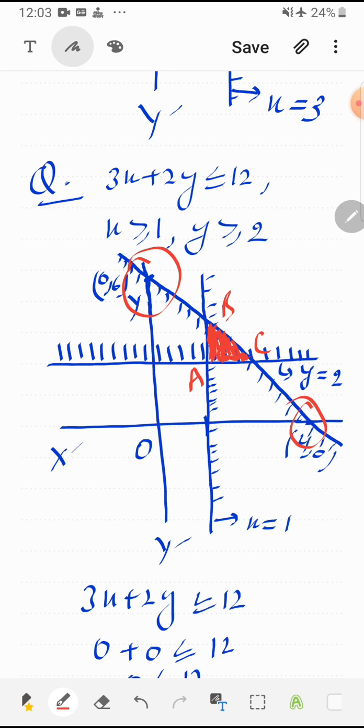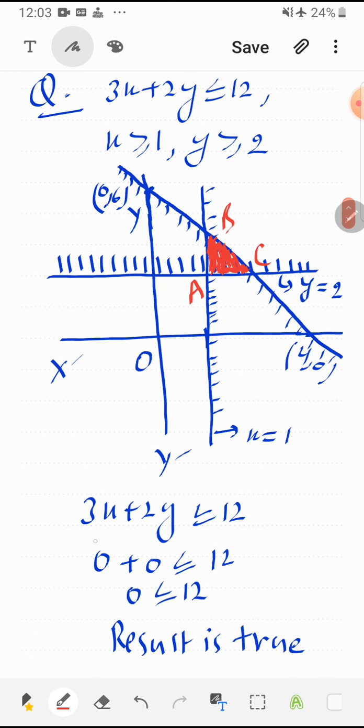These are the most reliable points. So the line is drawn. And about the shading, I am putting x and y as 0, 0, that is the origin. So 0 is less than or equal to 12, and the result is true. As the result is true, that means shading will be done towards the origin like this.